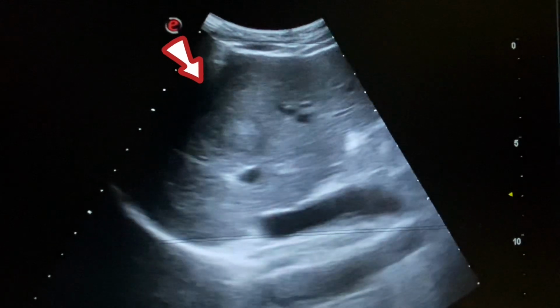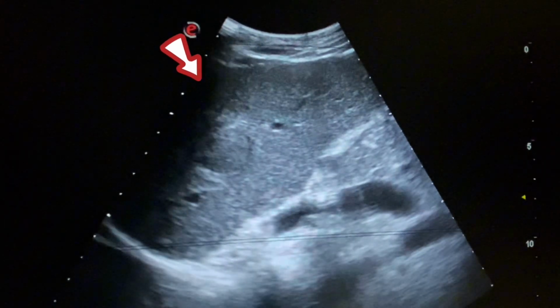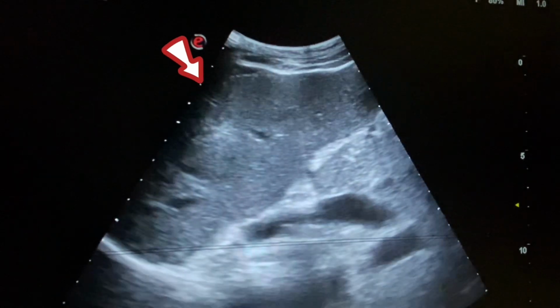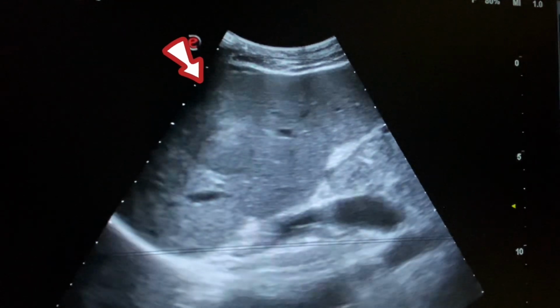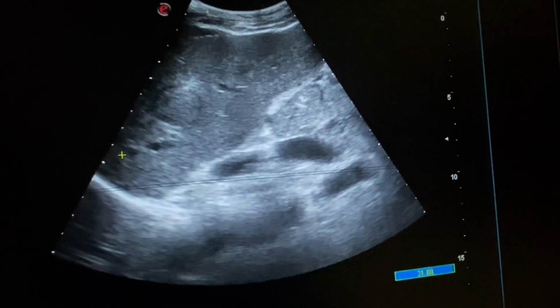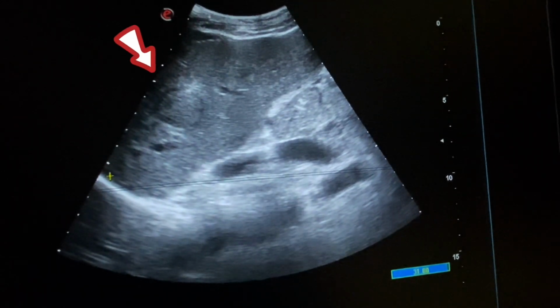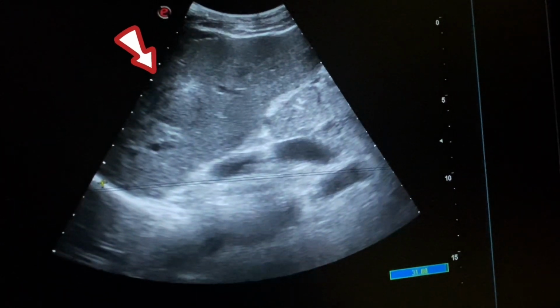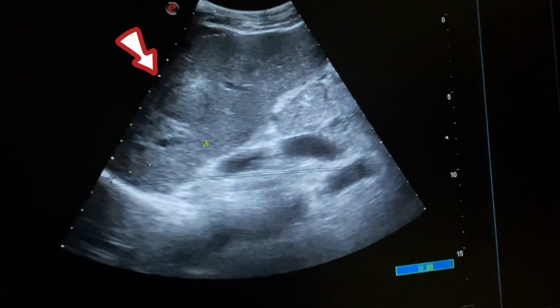Now we are scanning the liver from the right lumbar area. It is also called the craniocaudal view. The craniocaudal view is used for liver size measurement.